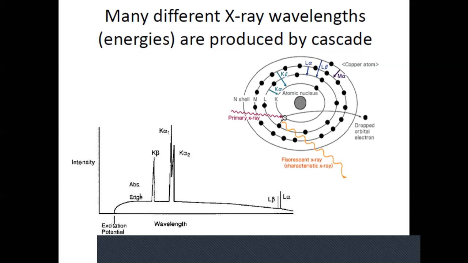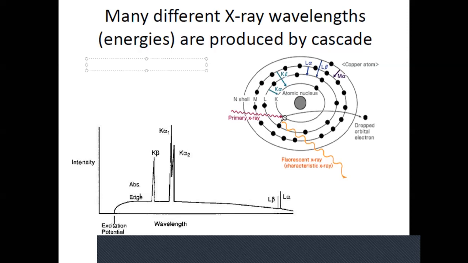So as we see here, a high-speed electron comes in. It's going to knock out an electron from an energy level, and then an electron from an upper energy level cascades down, releasing an X-ray. So let me tell you what some of these things mean.